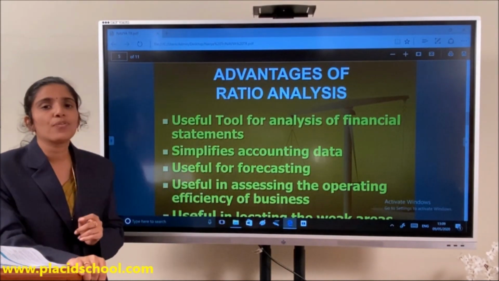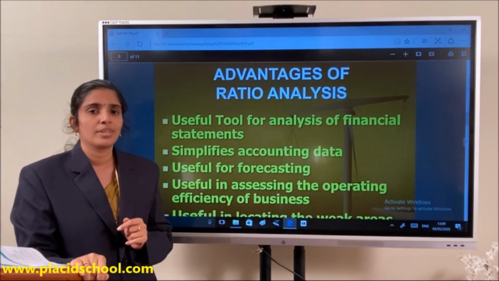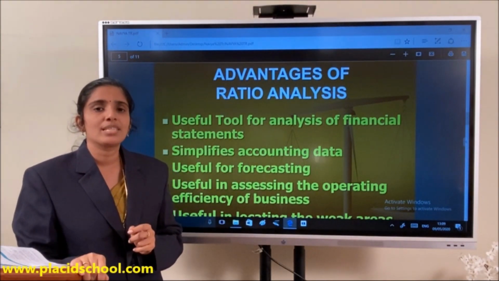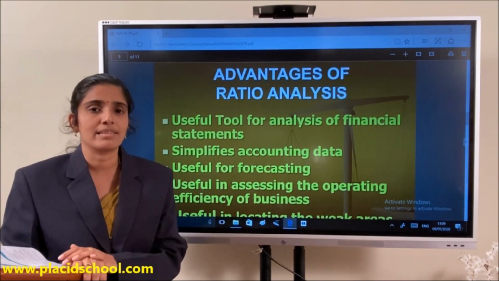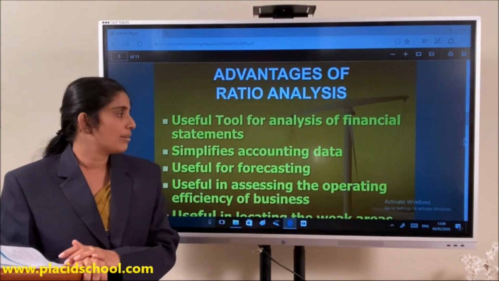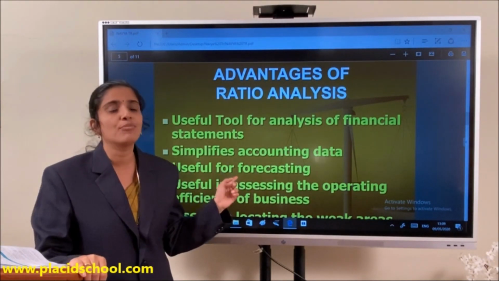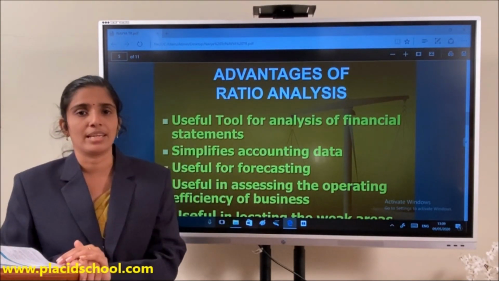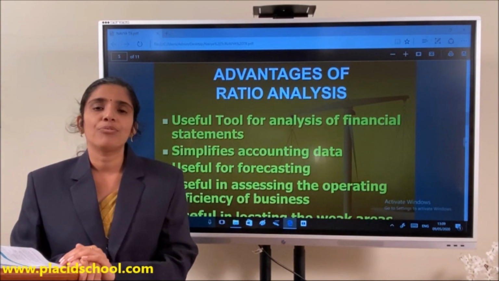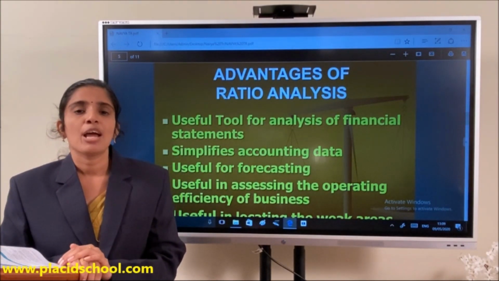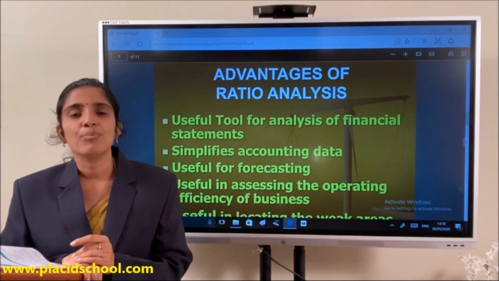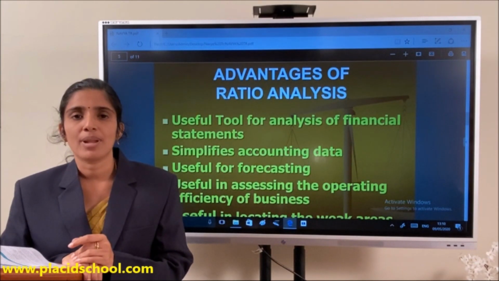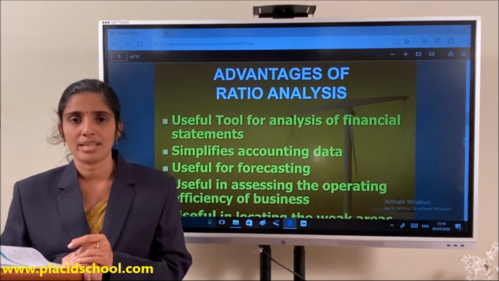Third one is that it is useful for forecasting. We studied in business studies that management has 5 functions: planning, organizing, directing, staffing, and controlling. That means ratio analysis is helpful for planning and forecasting. Through the calculation of trend ratios, we can plan our future activities, forecast, and implement policies and plans effectively in our organization.